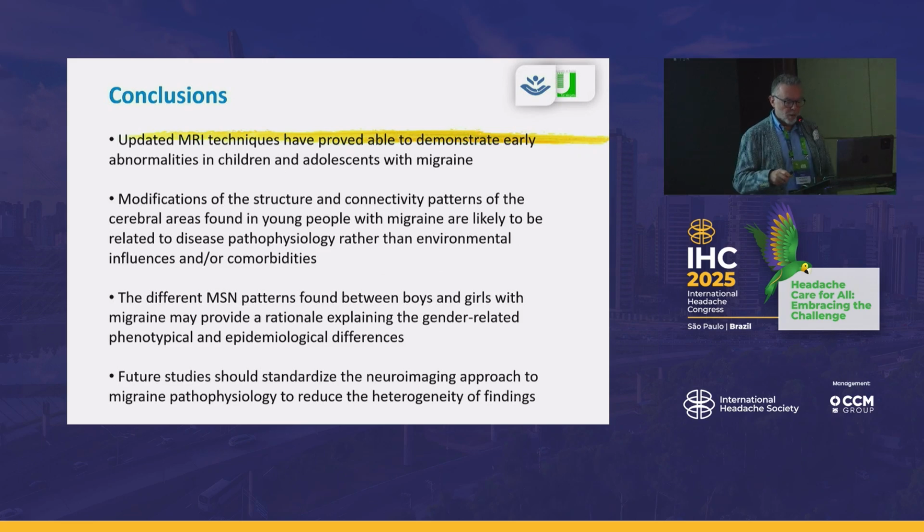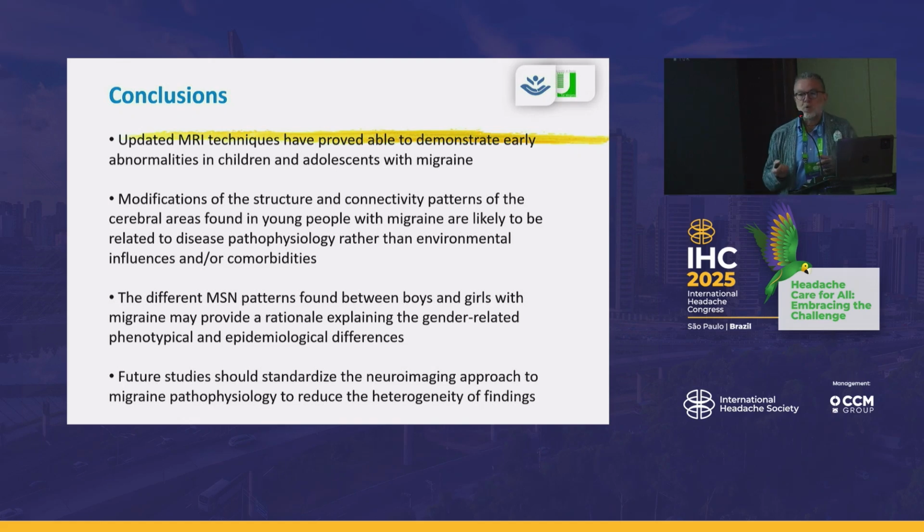So to conclude, we think that the updated techniques of MRI can provide important pathophysiological information even in children and adolescents. And actually, it's possible that in this particular population, we can have some information which is more closely linked to pathophysiology of the disease, since the other influences, environment, drugs, comorbidities, are lower than in adulthood.